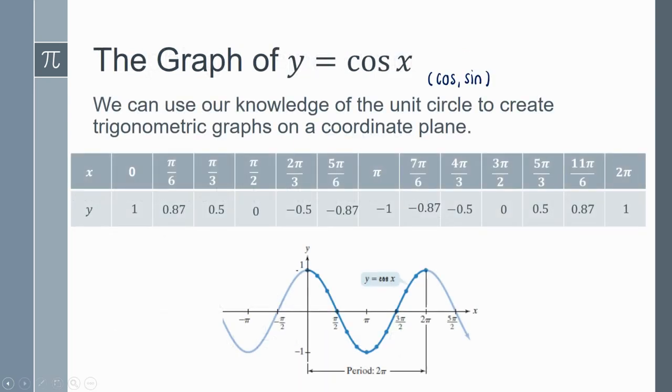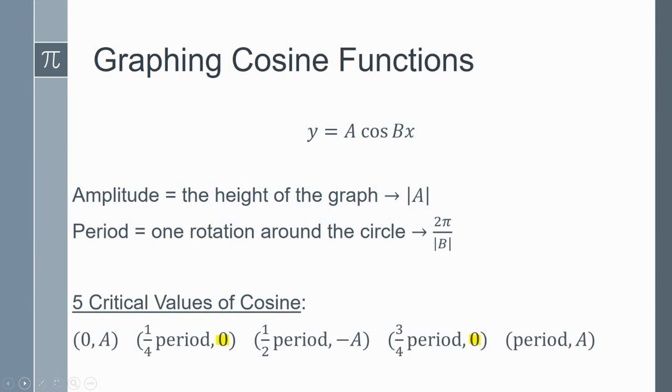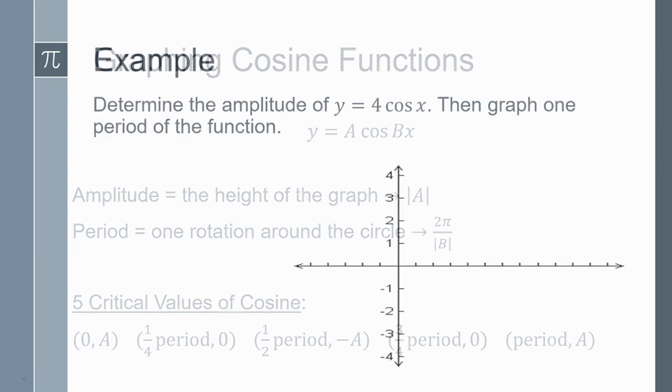Going back to the picture, notice that I'm only touching it twice. I'm at my highest spot twice, and I'm at my lowest spot there in the middle. So here are my 5 critical points. Let's use this information to graph a couple of cosine graphs.